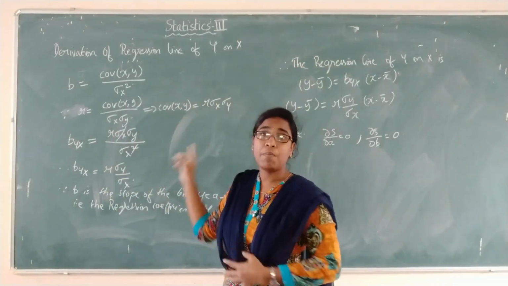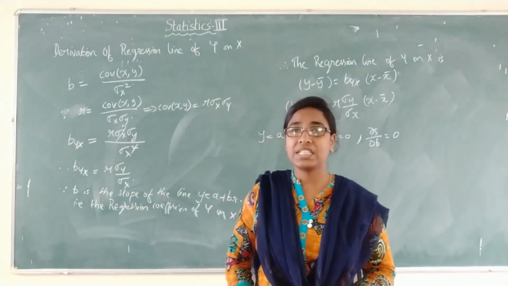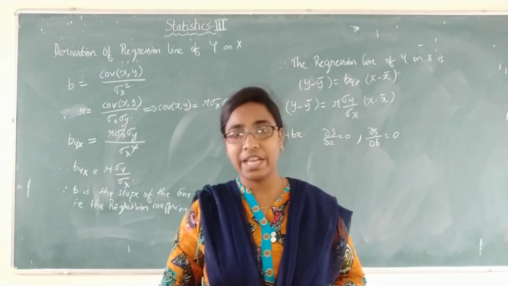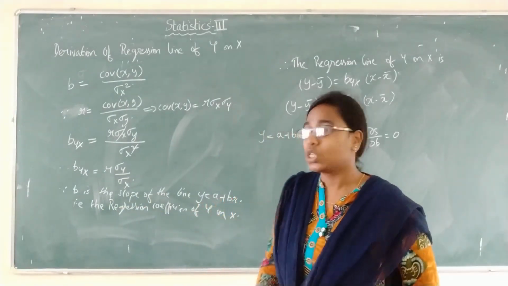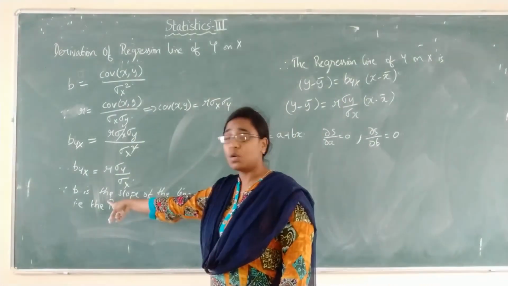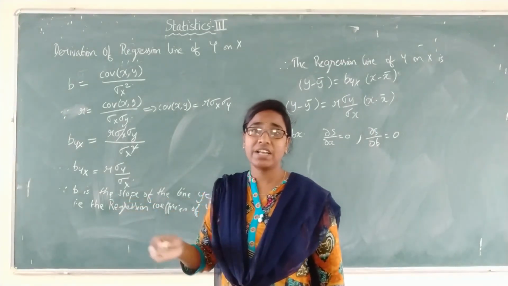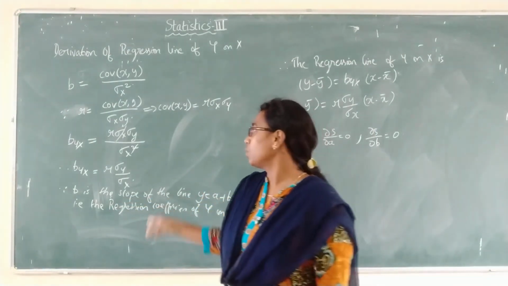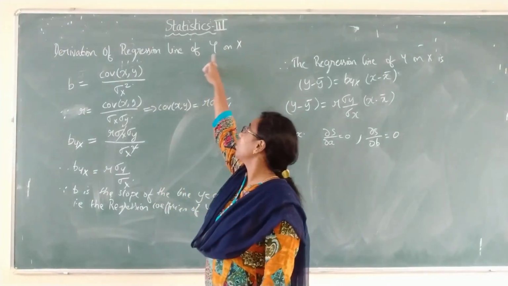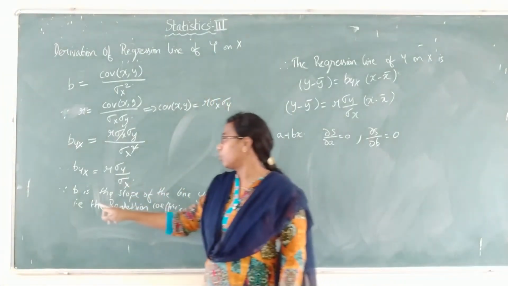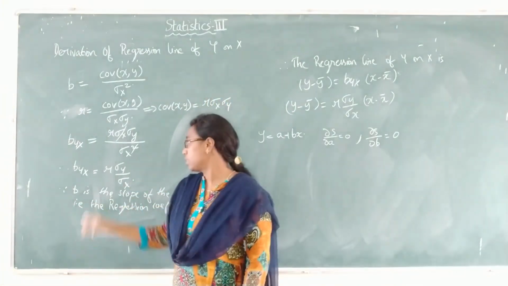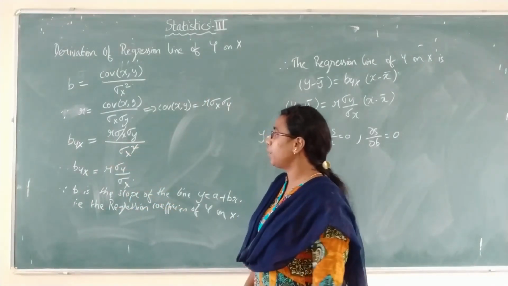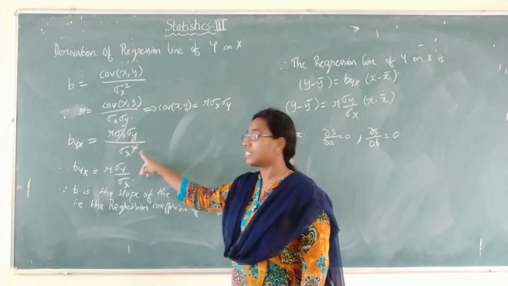So here, what is b? b is the slope of the regression line y on x. Slope is nothing but the regression coefficient. Here we are finding the regression line of y on x, so the coefficient is byx. byx equals r into sigma x sigma y by sigma x square.